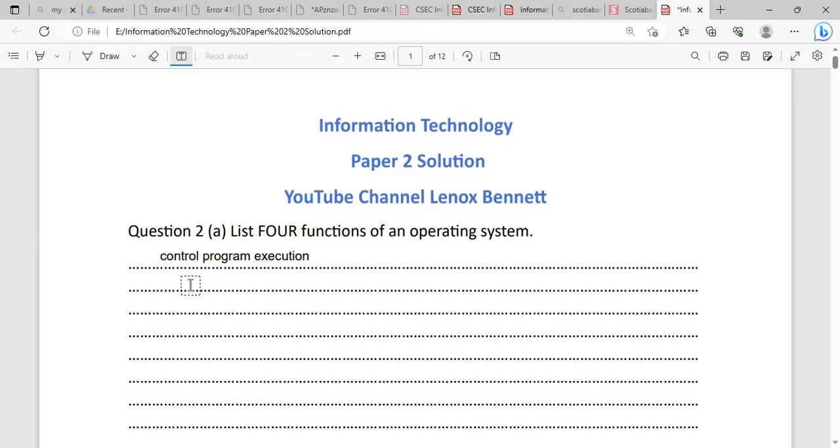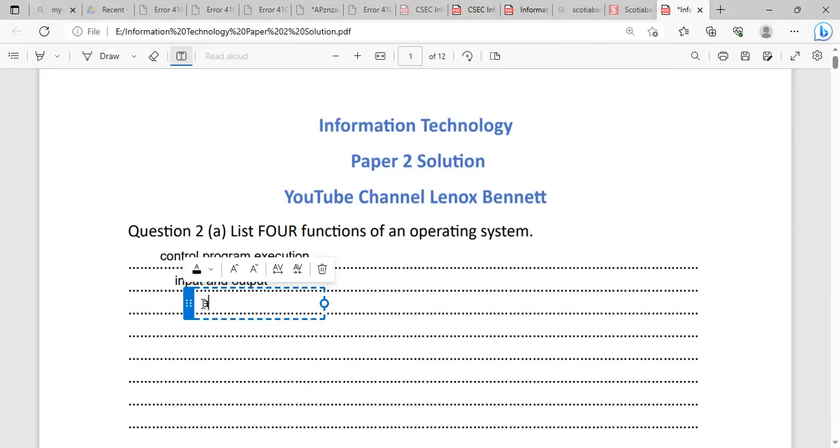2, it controls the input and output. As you know, a computer has input and output, so it controls the input and the output. One of the things it does is it assigns different tasks to the CPU, the central processing unit.